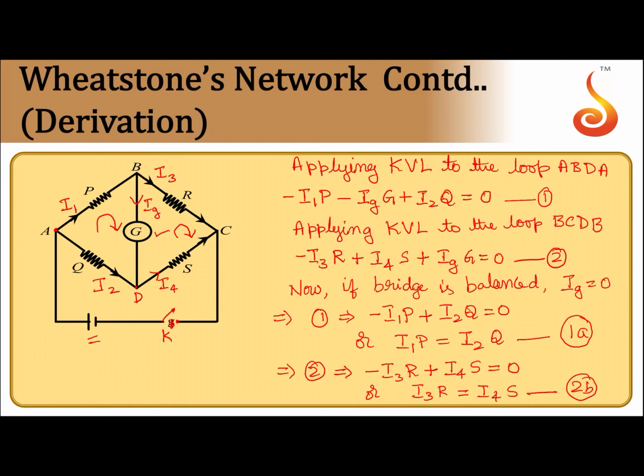Now, if we apply KCL at point B, I1 plus Ig is equal to I3. So applying Kirchhoff's current law at B, what can we write?